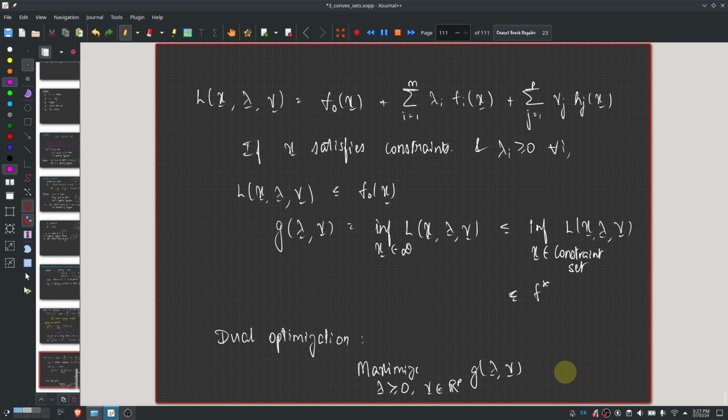Let us say that the optimal value for this is some g star. So I had my original constrained optimization problem, and now I converted that into another optimization problem with, in some sense, fewer constraints, because the only constraint is that lambda should be greater than or equal to 0.